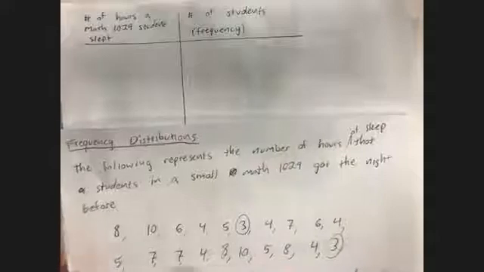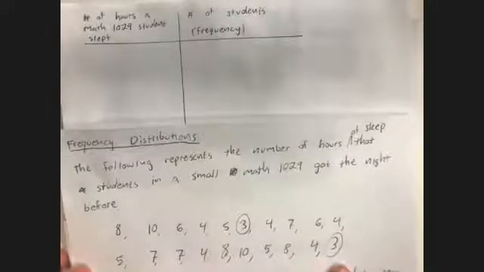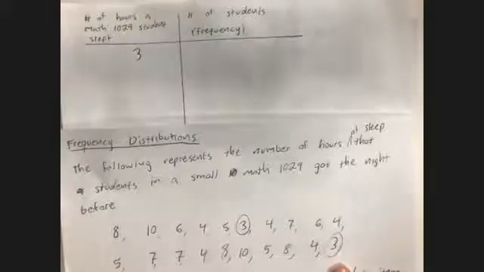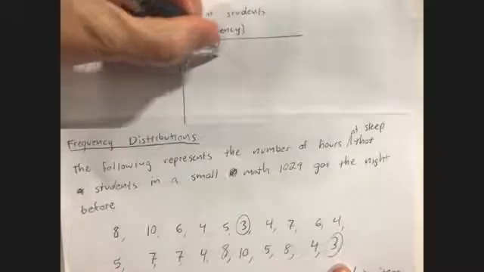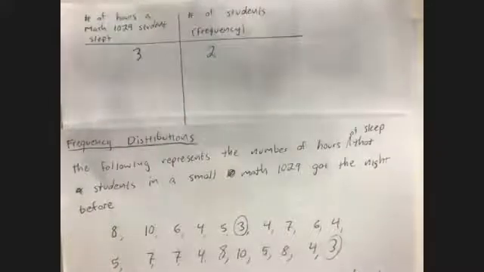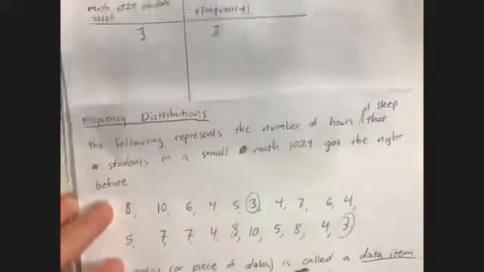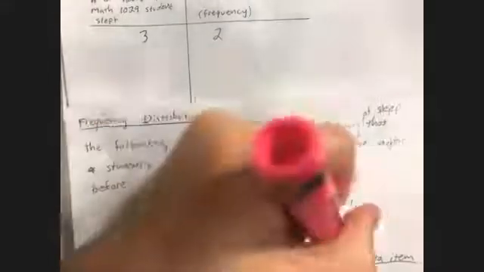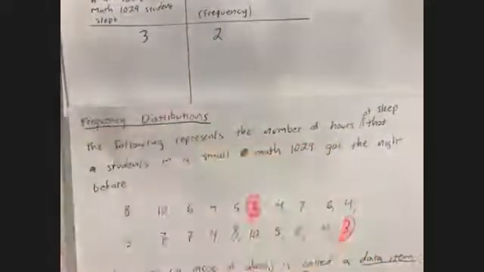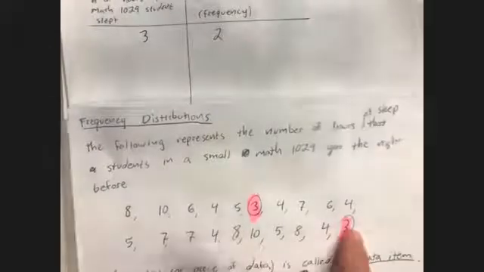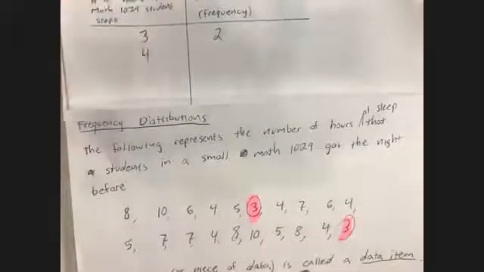Here's our data set. There are 20 things, 20 entries. The smallest one is 3. And it occurs 2 times. Now, as I go through these, I think I'm going to highlight them so I know what I've included. Okay, so here's my 3. It occurred 2 times. Okay, let's move on. My next smallest, these are all integers, so my next smallest is 4.